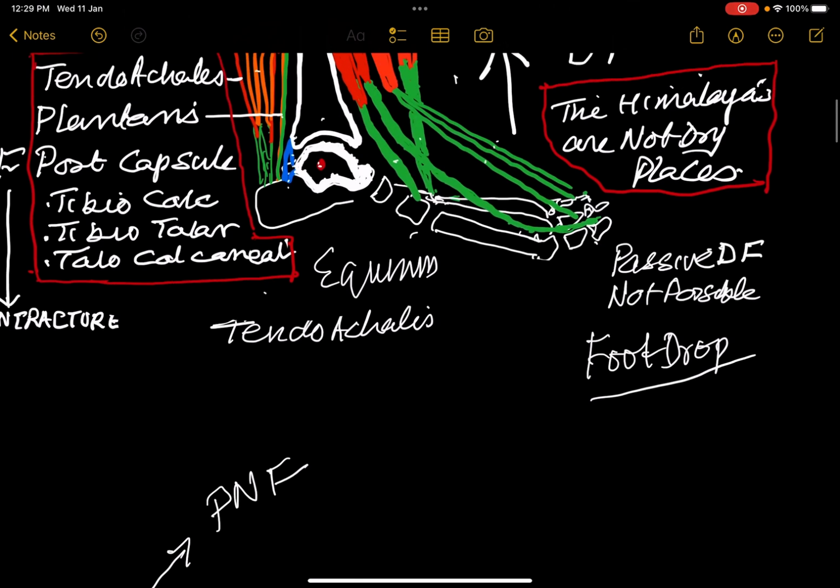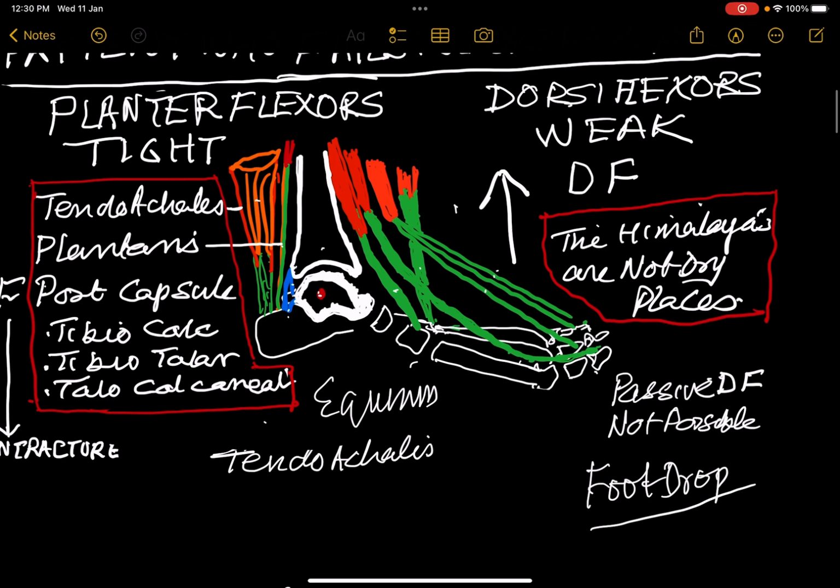If it is because of contracture, you will do a tendoachilles Z-plasty, you will resect the plantaris, and you will remove the tibiocalcaneal capsule and not the tibio-talar capsule, because you do not want to destabilize the ankle.